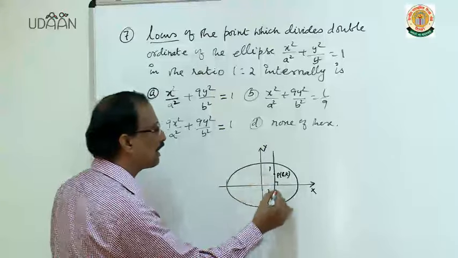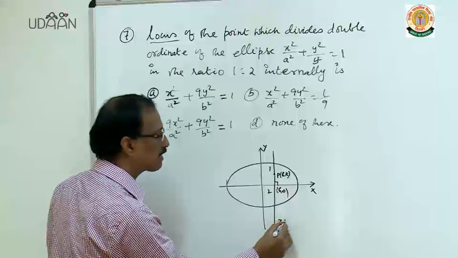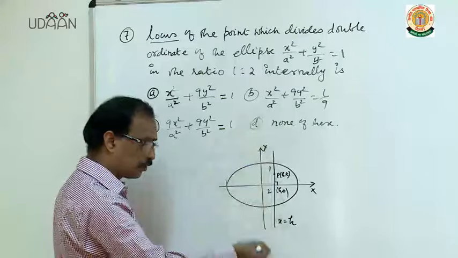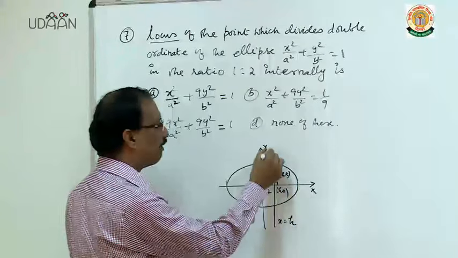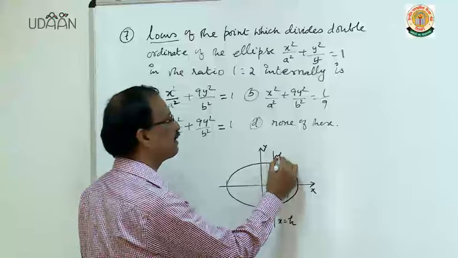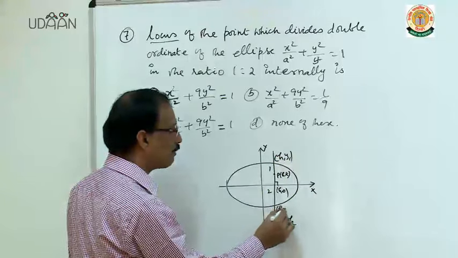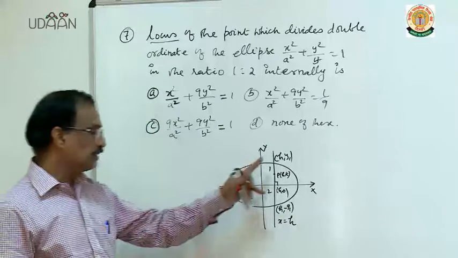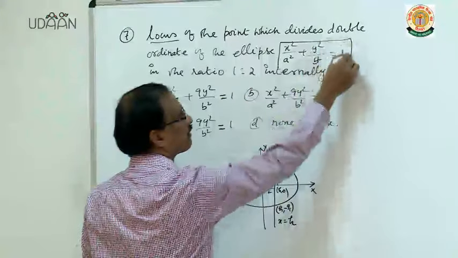Then this one is (h, 0). So this line is x equal to h. Any point on this line will have x equal to h. Let us take the end points of this double ordinate as (h, y1) and (h, minus y1) down. Now (h, y1) lies on this ellipse.